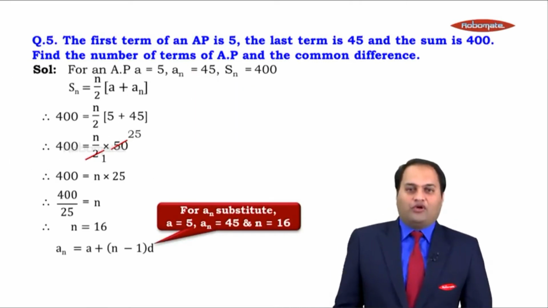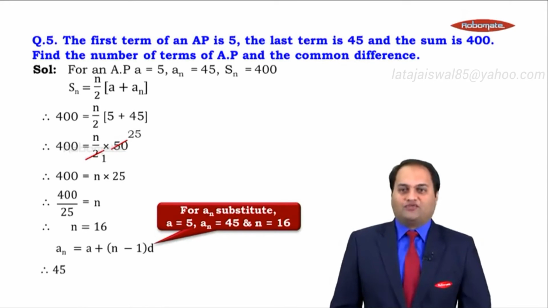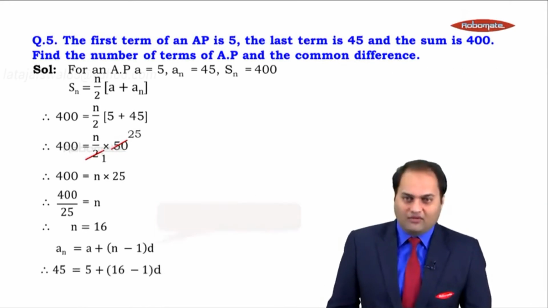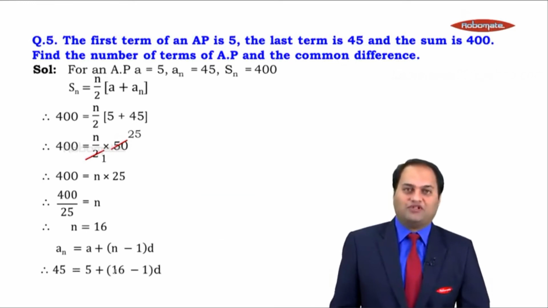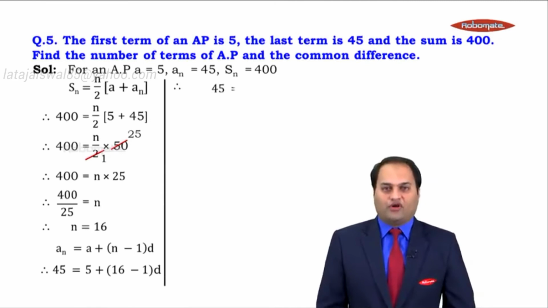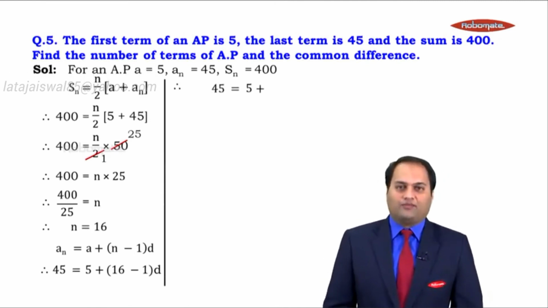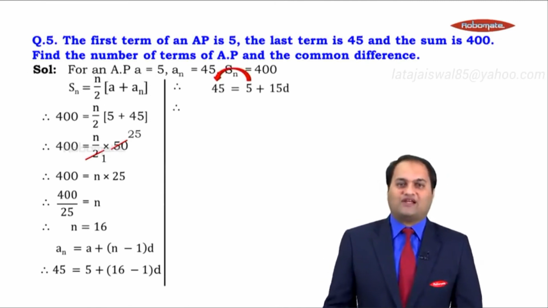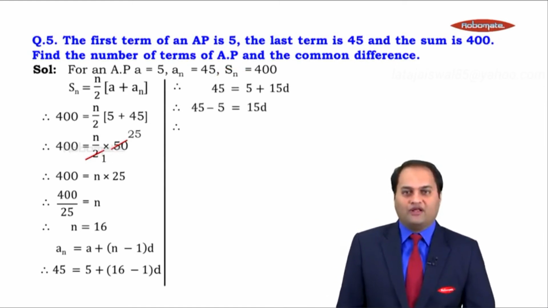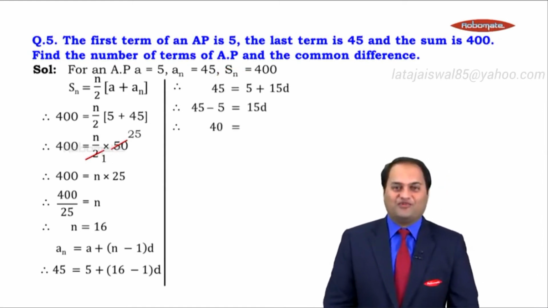We know AN, we know A, we know N. Let's substitute. AN is 45, A is 5, N is 16 and D is something which we need to find. 5 goes to the other side. You get 45 is equal to 5 plus 15D. As I said, 5 goes to the other side. You get 45 minus 5 is equal to 15D. You get 40 is equal to 15D.